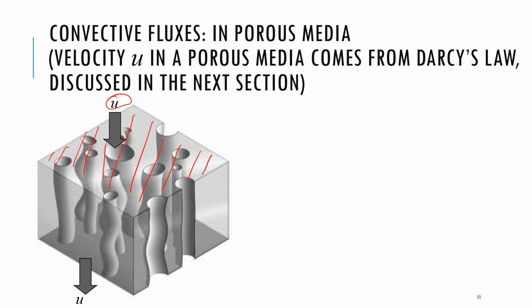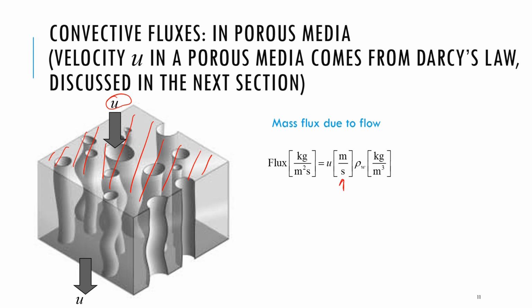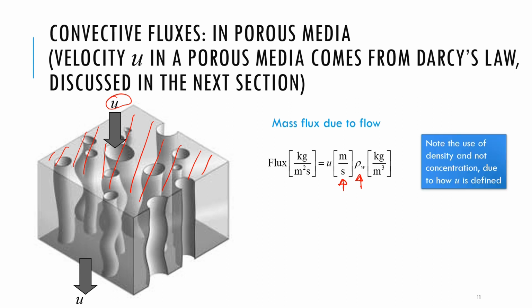With that velocity, the mass flux is going to be defined this way. Mass flux is velocity times how much is there, which is rho in kg per meter cube. Note that this is density and not concentration like in the past.